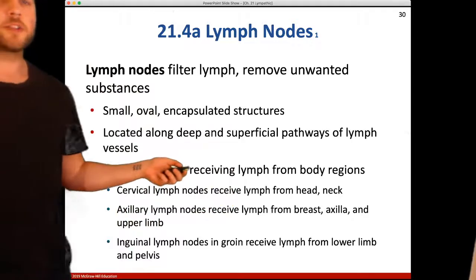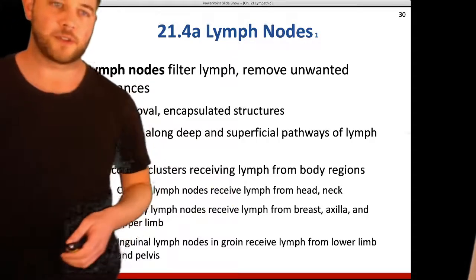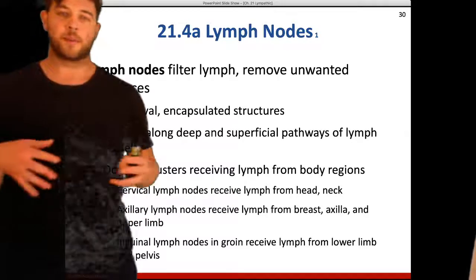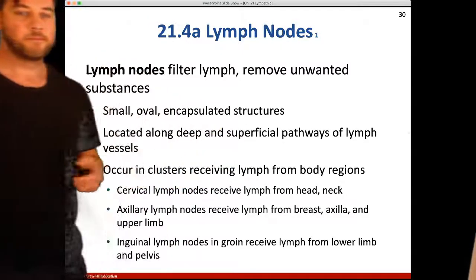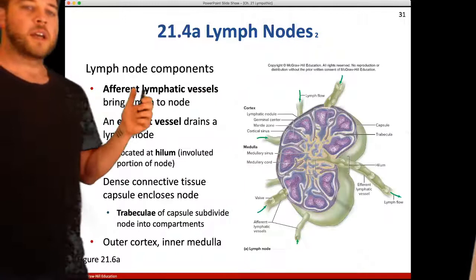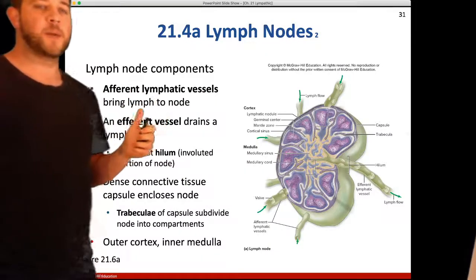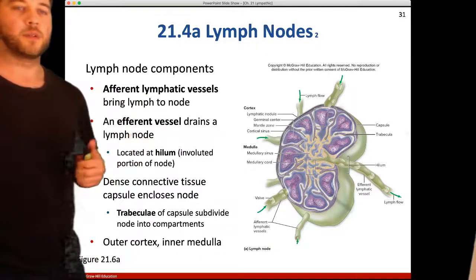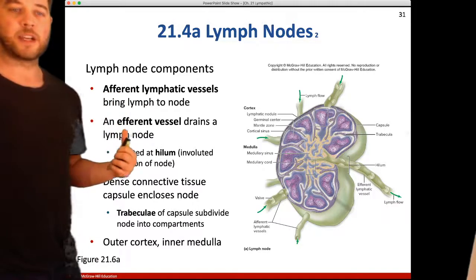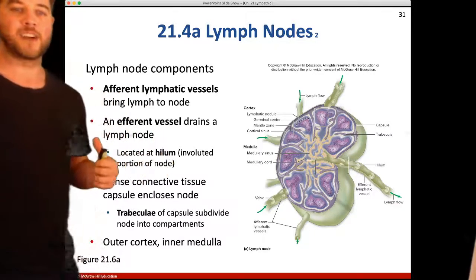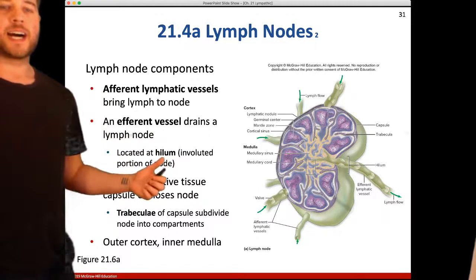They occur in clusters. That's going to be important, we'll see, for their function, to allow lymph to filter and pass through each one of them successively. Okay, you have afferent lymphatic vessels bringing lymph to the node: afferent, arriving to the lymph node. The efferent is exiting the lymph node: efferent, exit. Located at a hilum.